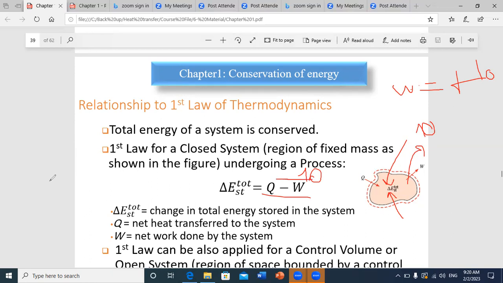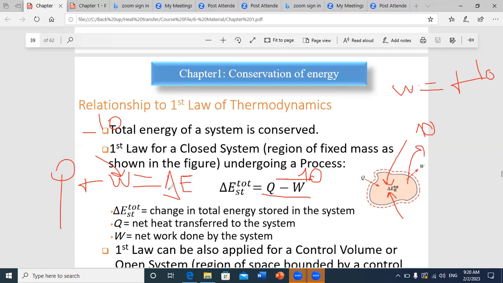If you use the second convention, Q plus W equals delta E, in this convention W is counted positive when it enters the system. And since here the flux is leaving the system, W will be accounted as negative, so you will put plus minus 10. At the end, both will give you minus 10.